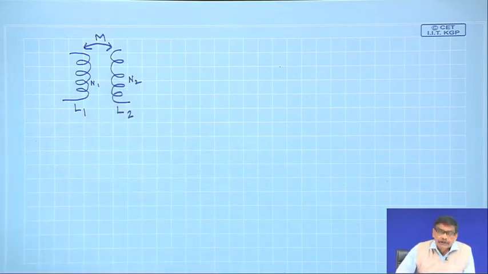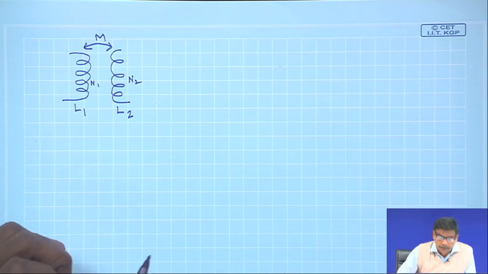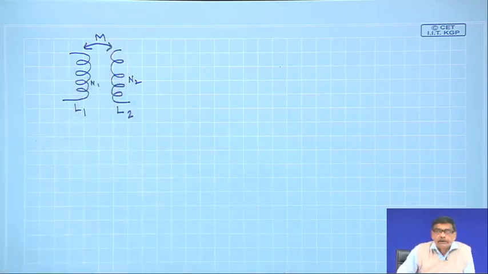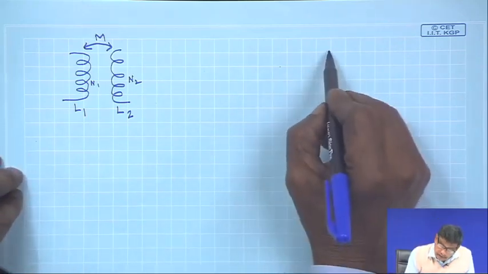With one important thing we also have to show in coupled coils, that is known as dot convention. So, listen carefully to what I am telling.